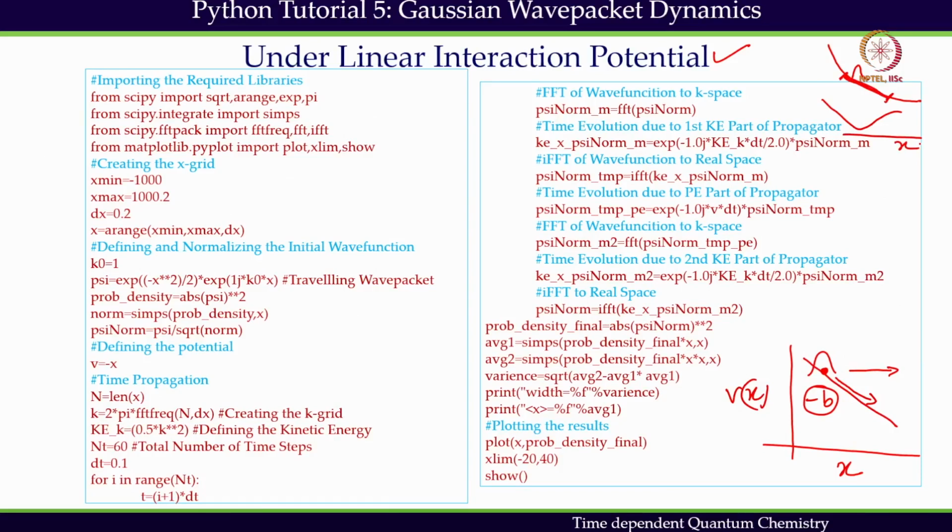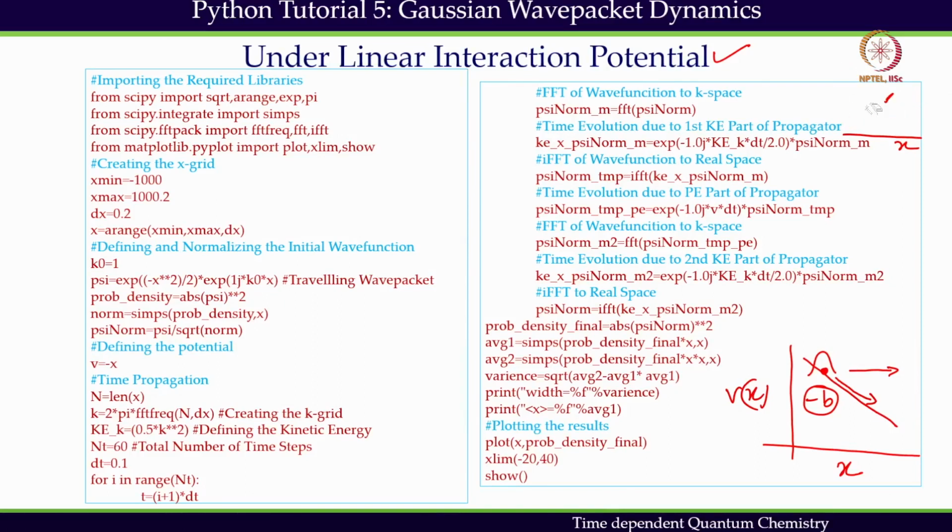So a linear potential can be considered, in a simple form, to be a dissociative potential. And remember, the linear potential problem can be analytically solved using the technique which we have discussed in the translational motion of a quantum particle, and we'll see whether we can represent the same thing numerically.